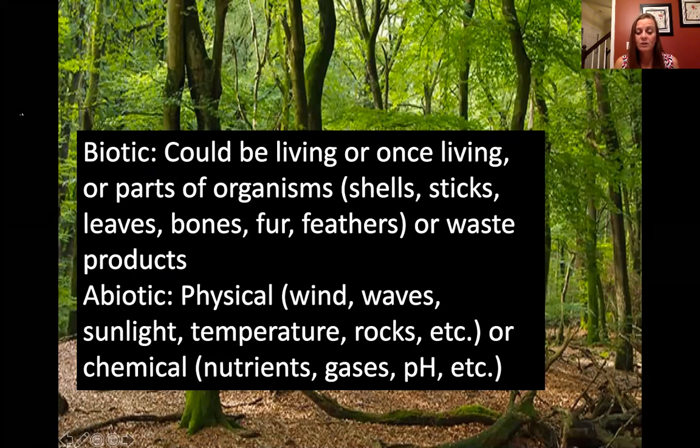We would also consider those fallen limbs, the leaf litter, the bugs that are in the leaf litter, all of the living creatures in there, as well as their waste, to be biotic. Okay, when we talk about abiotic, we are talking about things that are physical: wind, waves, sun, air, or things that are chemical. So those are things like the nutrients and the gases around us.